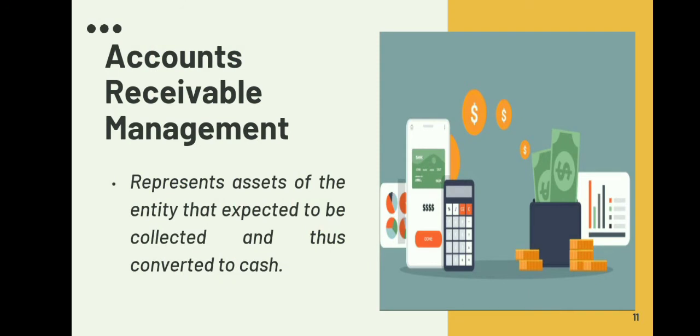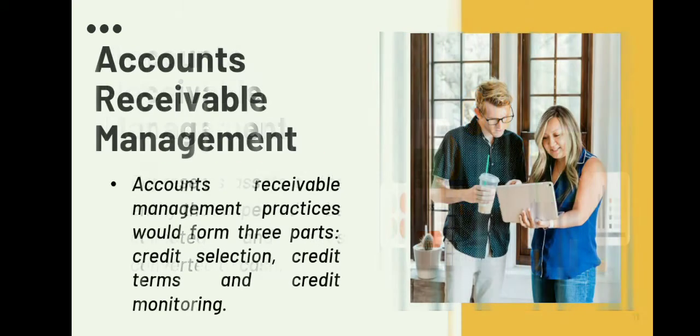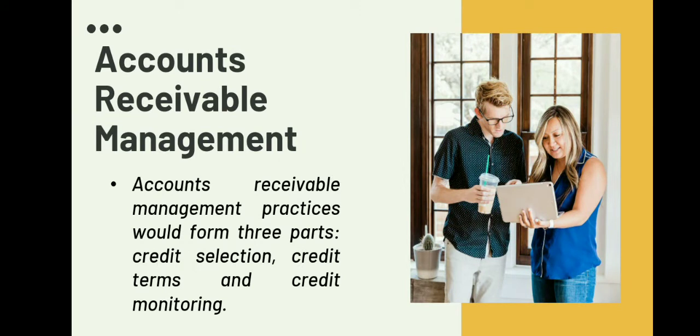Accounts receivable management. It represents an asset of the entity that is expected to be collected and converted to cash. A firm would generally want to collect its receivables as quickly as possible without losing customers due to imposing very tight collection procedures. Accounts receivable management practices are formed into three parts: credit selection, credit terms, and credit monitoring.